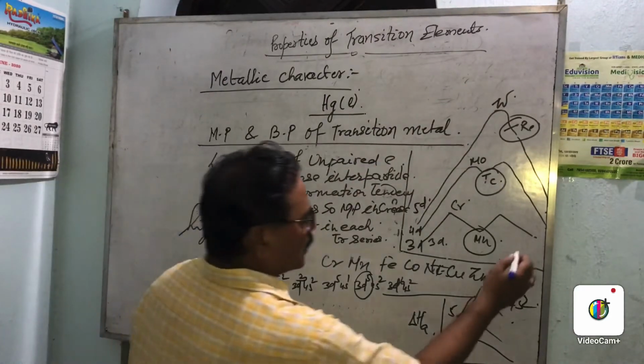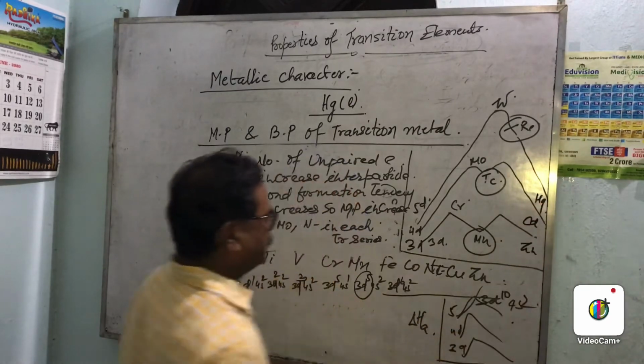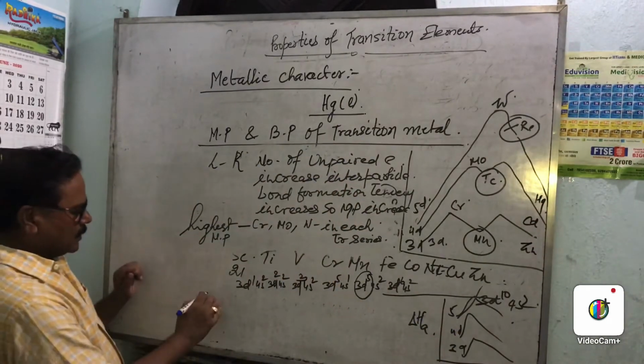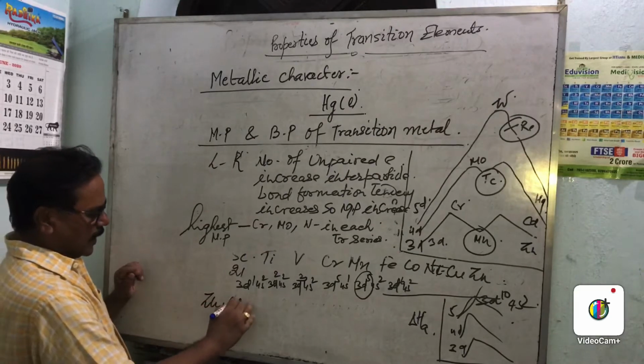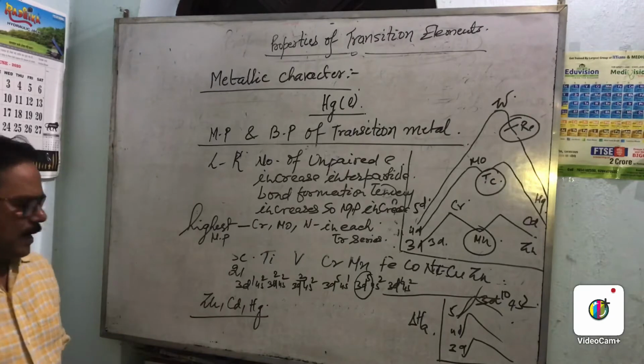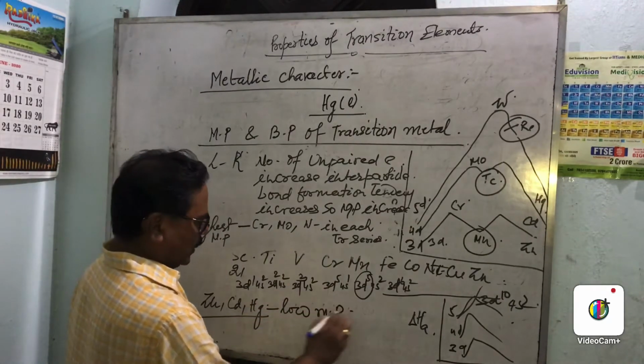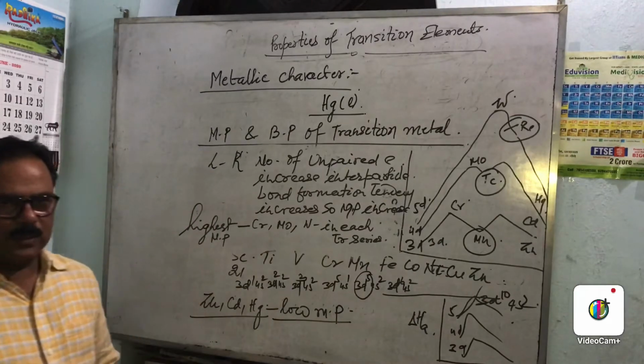Now if we come to the bottom, that is zinc, cadmium and Hg. The other aspect is that zinc, cadmium and Hg are called soft and have low melting points. They are not very hard, they are soft, right?